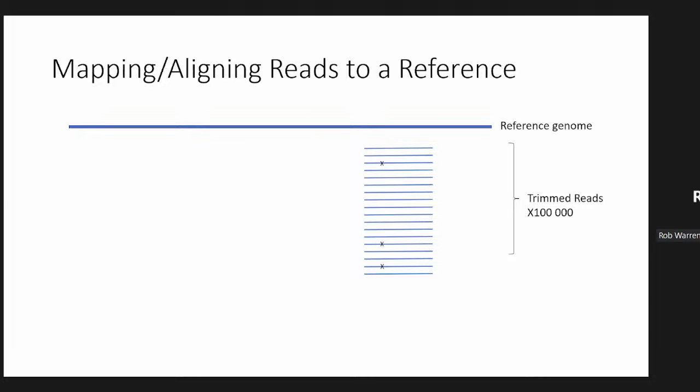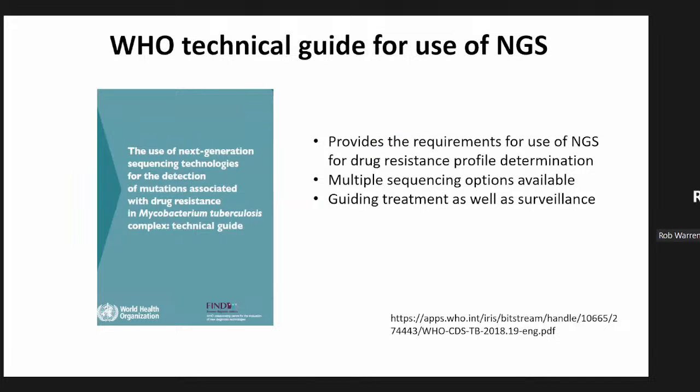So I want to say that this is the technology that the WHO is now promoting. It's really trying to say, how do we move from the classical microbiology into an era of using next generation sequencing for surveillance, which I think we really do need, as well as can we guide therapy?